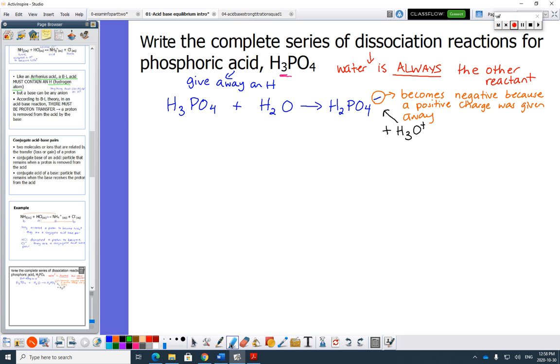This is a special ion from grade 11, which is called the hydronium ion. It will always be H3O+. So water can accept a proton, so it acts like a base to become H3O+.